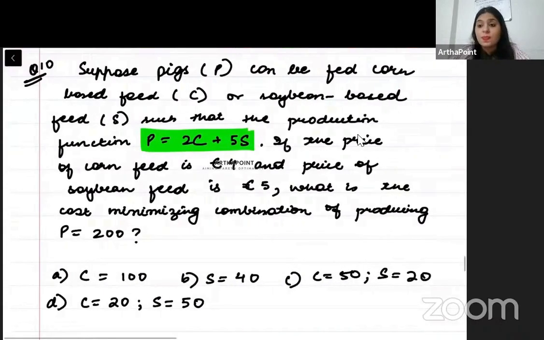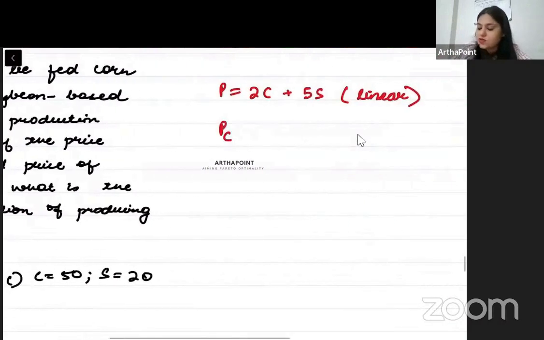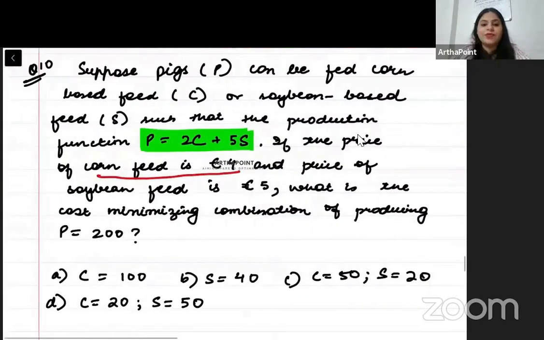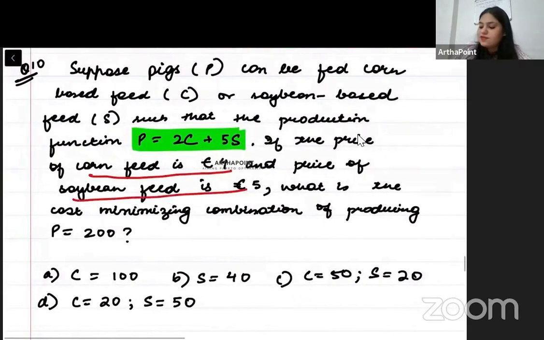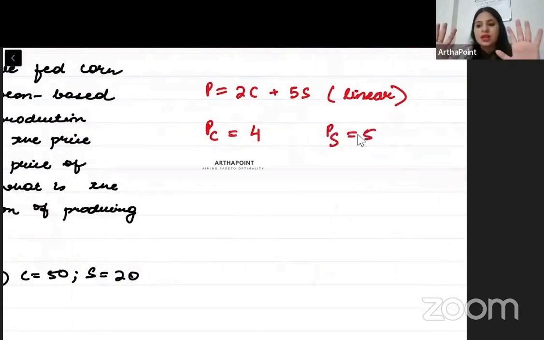So we know that a kind of substitute good is coming into the picture. The price of corn feed is 4, PC is 4, and the price of soybean feed is 5, so PS is 5. We can find the MRTS.